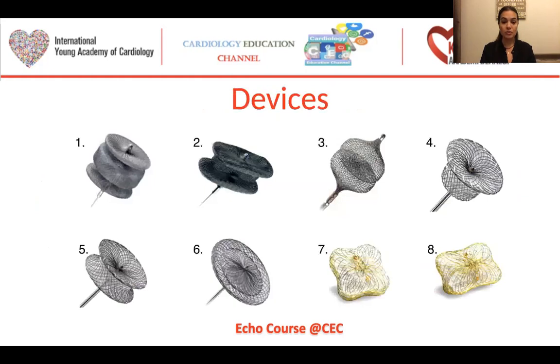We have different devices like vascular plugs, devices for ASD, VSD or PDA closure, and the 7th and the 8th ones are dedicated, specialized for PVLs. So according to the size and shape, we choose one of these devices.